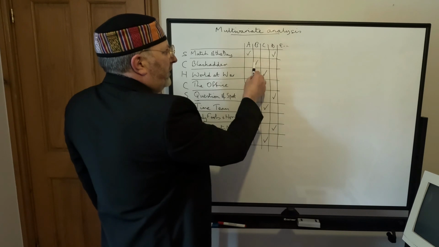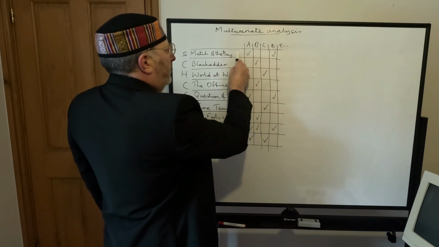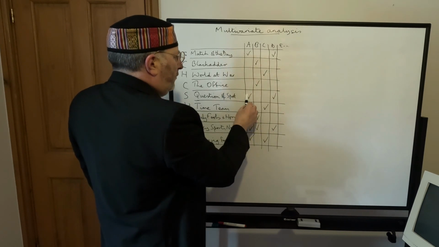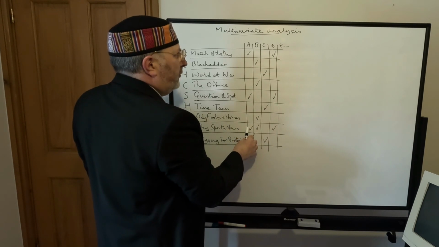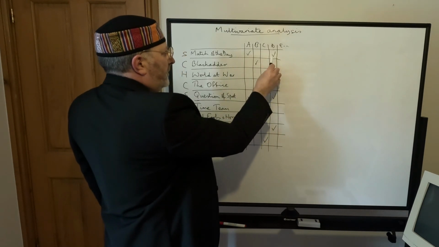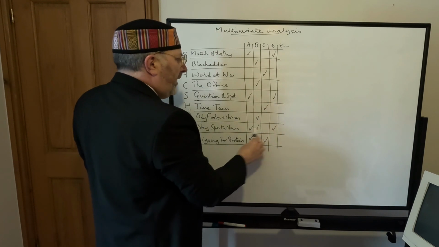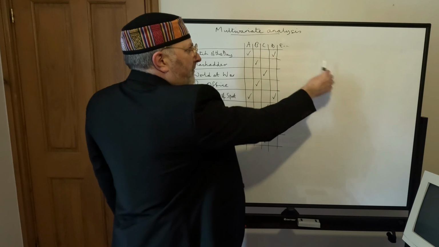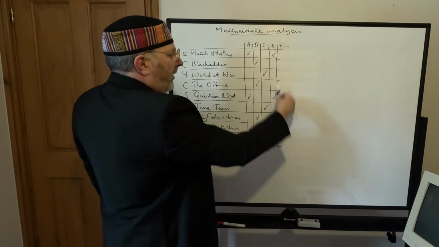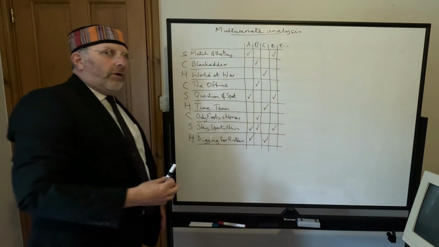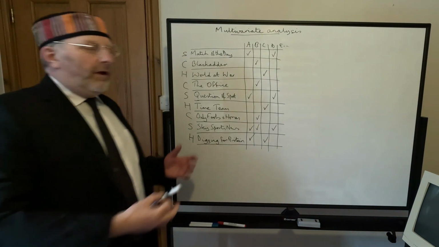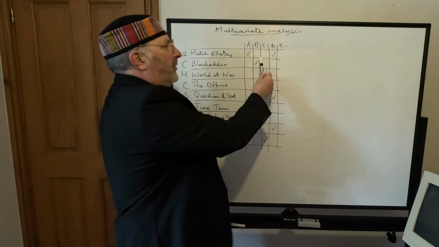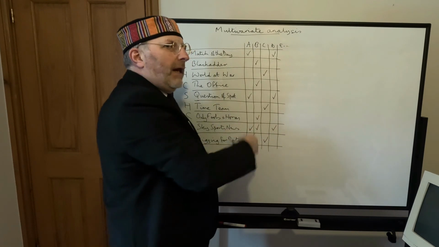So we might see here that here's a person who likes Match of the Day, and they also like Question of Sport, and they also like Sky Sports News. And here's another person who likes Match of the Day, and they also like Question of Sport and Sky Sports News. And we might find that that's pretty much the case for everybody, that if they like this, then they like those. So we haven't assumed in advance that these are sports programs, but what we have noticed is that people who like one thing like all the others.